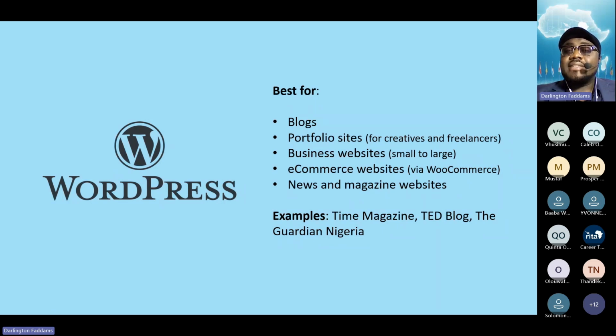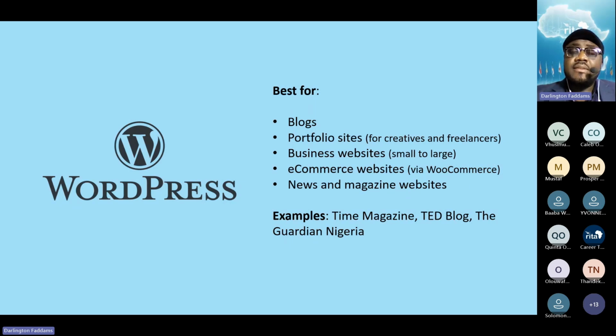So that shopping cart, that checkout page is controlled by WooCommerce. WooCommerce is the most popular WordPress plugin for e-commerce websites. We call it WooCommerce. All right, so news and magazine sites, come on, WordPress. So most websites fall in these categories, and you just have to use WordPress.